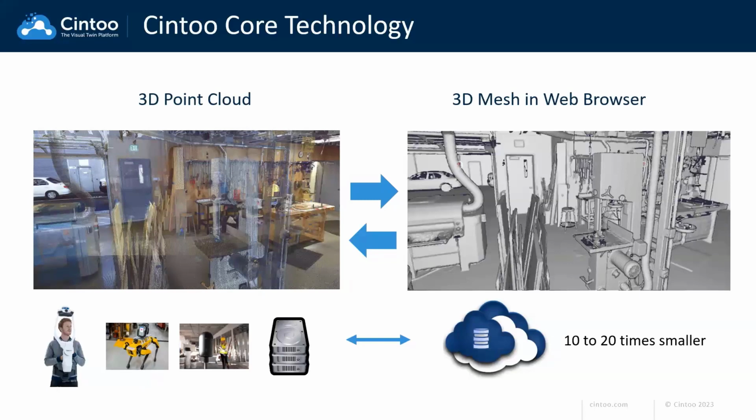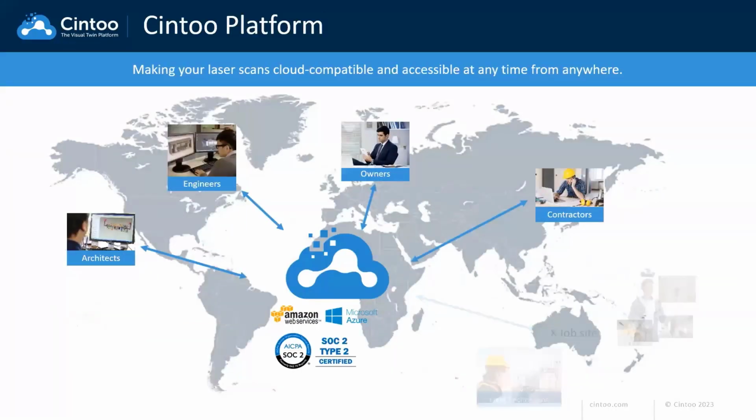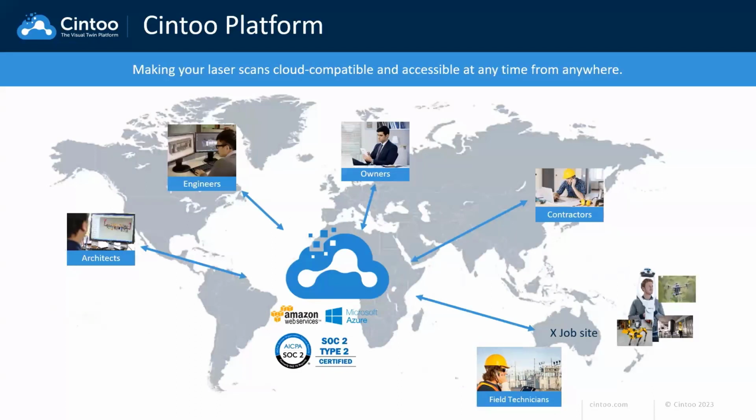The mesh that we produce is so accurate that we can retrieve back the source point cloud by doing the inverse transformation from mesh to point cloud, in case you need a point cloud to do scan-to-BIM operations in Revit, for example. So this core technology is embedded inside Cintu.